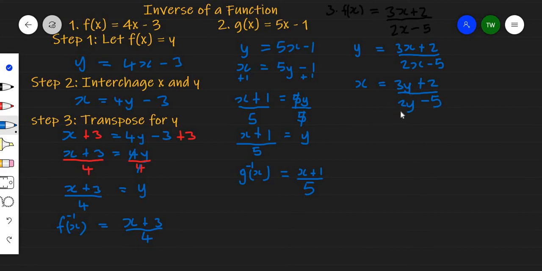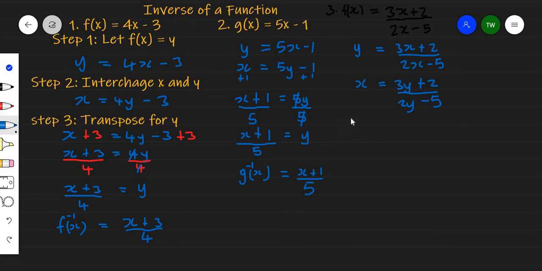Now at this stage, we are going to transpose for y. So in order to transpose for y, we are going to multiply both sides by 2y minus 5, the denominator of this fraction here.